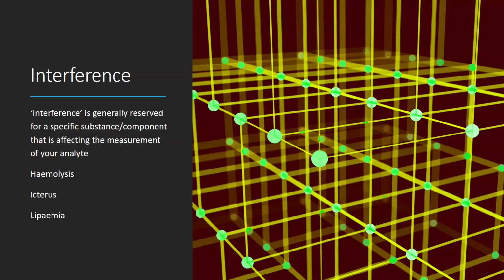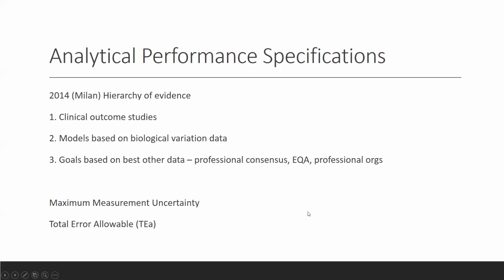Common interferences are hemolysis, icterus, which is the yellow discoloration of fluid because of bilirubin, and lipemia, which is the milky white discoloration from lipids or proteins, are really the classical interferences that we think about. They especially affect light-based procedures, and we'll talk more on this in later lectures.